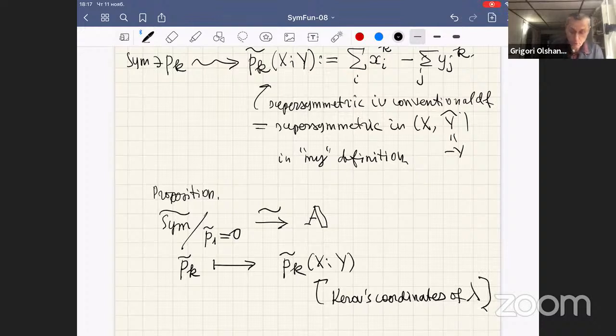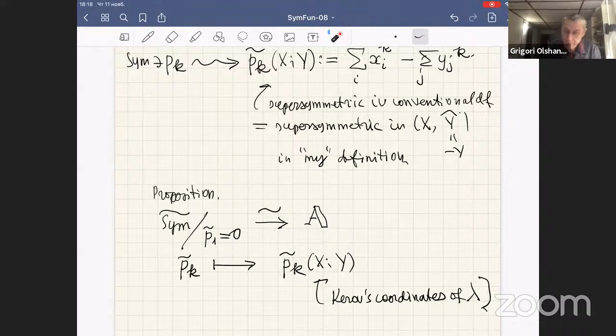We have some symmetric function on the left. We take its conventional superization and substitute the Kirov coordinates as the variables, and we have this relation because I already explained that the difference of the sums of the x and y Kirov coordinates is equal to 0. So we have to take this, and this is an isomorphism.